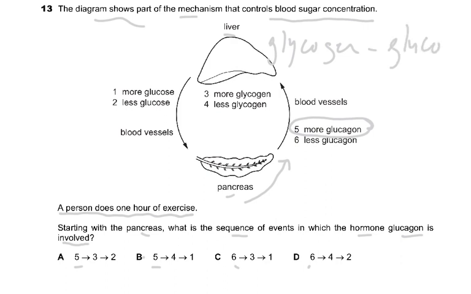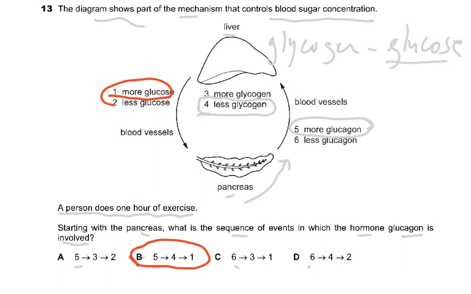Because the glucose is used by your respiring muscles. When you are exercising, your leg muscles are using up the glucose, so the glucose levels are going to be falling. So the glycogen is converted to glucose, so there is less glycogen in the liver, and that is going to cause more glucose. So that is why the answer was 541.